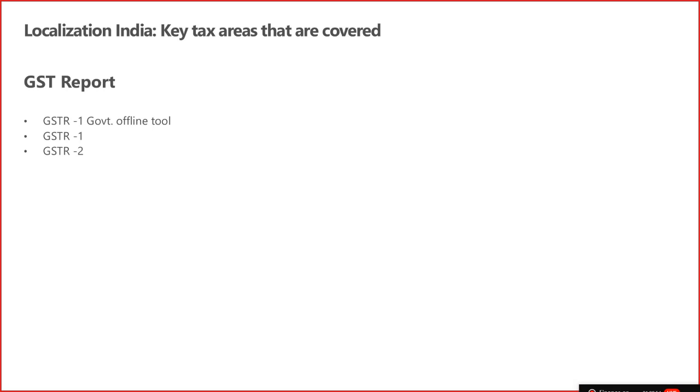For all B2B transactions, there is a mandatory condition to generate an invoice on an e-platform, and these invoices will automatically update on Annexure 1 and Annexure 2. So we are working closely, watching the government notifications, and we will introduce these new returns when the government makes them mandatory.